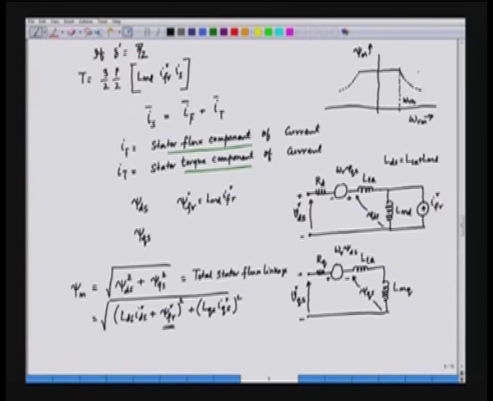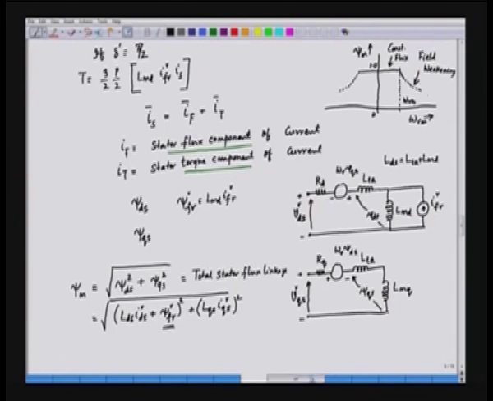So, in fact, what we can say here, this is the field weakening. And this corresponds to constant flux operation. And this function, we can say this is 1 per unit, and then this decreases.